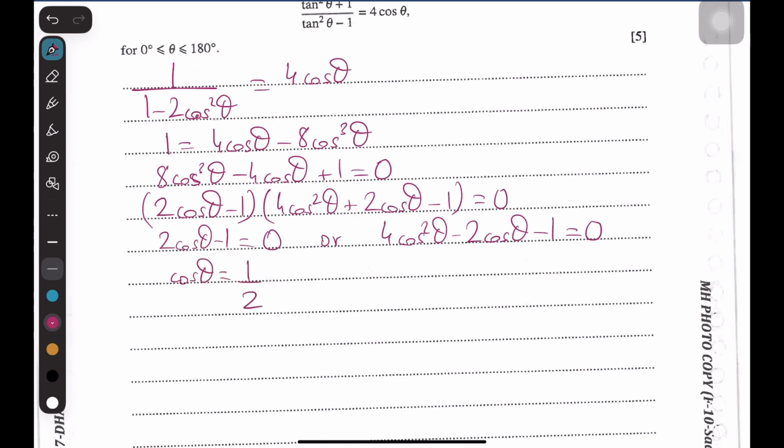Over here, can we do middle term breaking? 4, 2 2s are 4. I don't think we can do middle term breaking over here. Let's apply the quadratic formula.